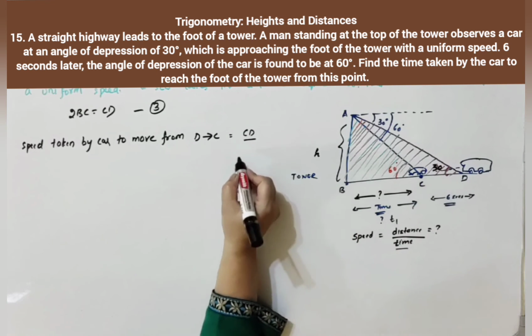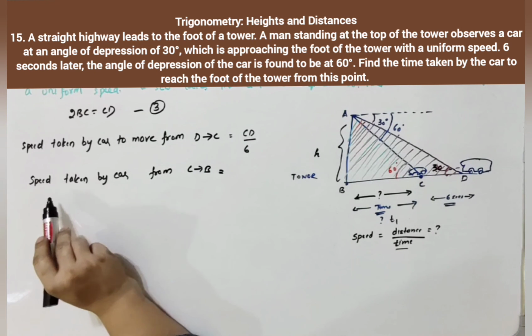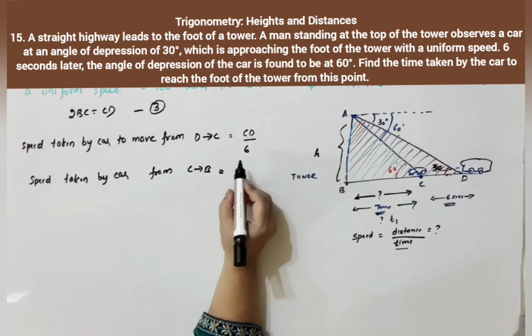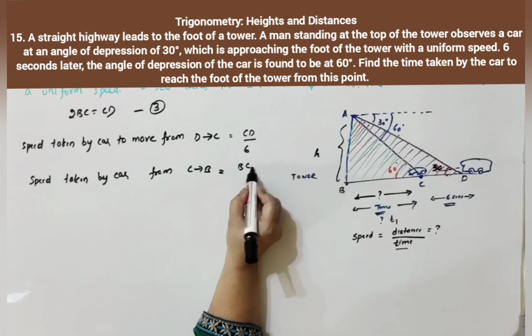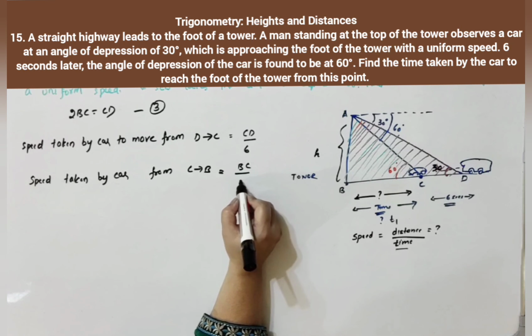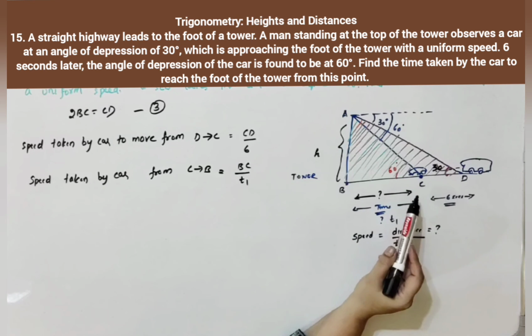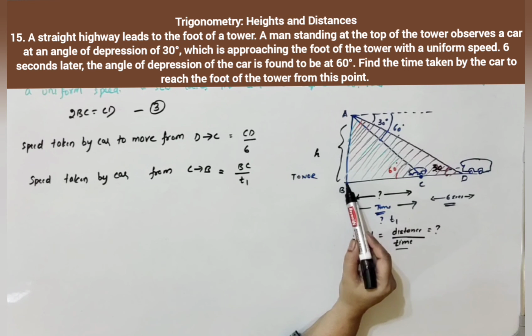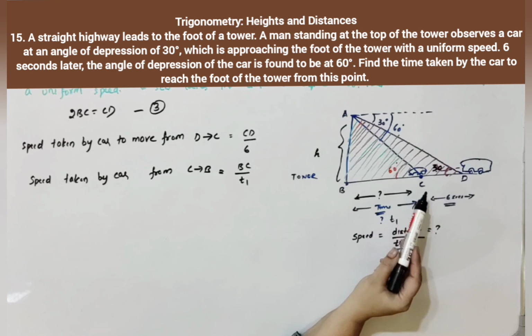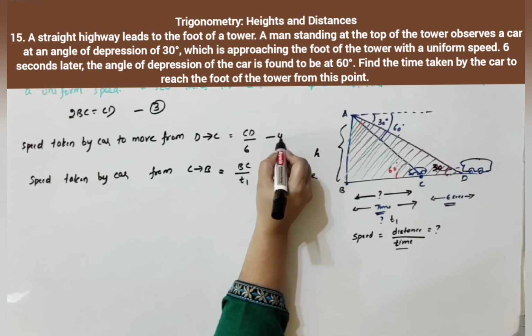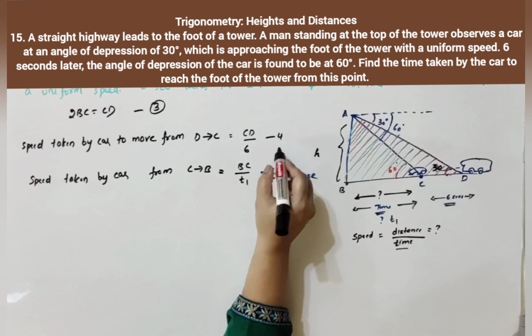Time is given as 6 seconds. Similarly, speed of the car to move from C to B, the distance is BC. Time we don't know, so it's T1. This is what we have to find out: T1, the time taken to travel from C to B, because B is the foot of the tower. The time taken by the car to move from C to the foot of the tower is what we need to find out. Let's call these equation 4 and equation 5.